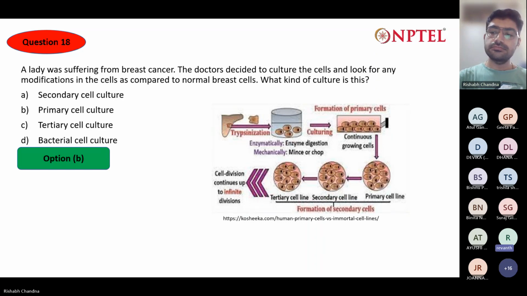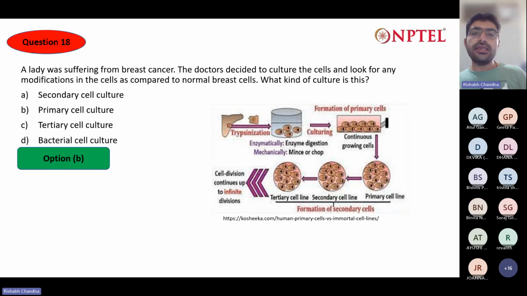Sir, if the cells are already differentiated, then how do we make them de-differentiated to grow them in a culture? Okay, so what happens is we require certain growth factors so that they regain their ability to divide and can adapt inside the in vitro environment.